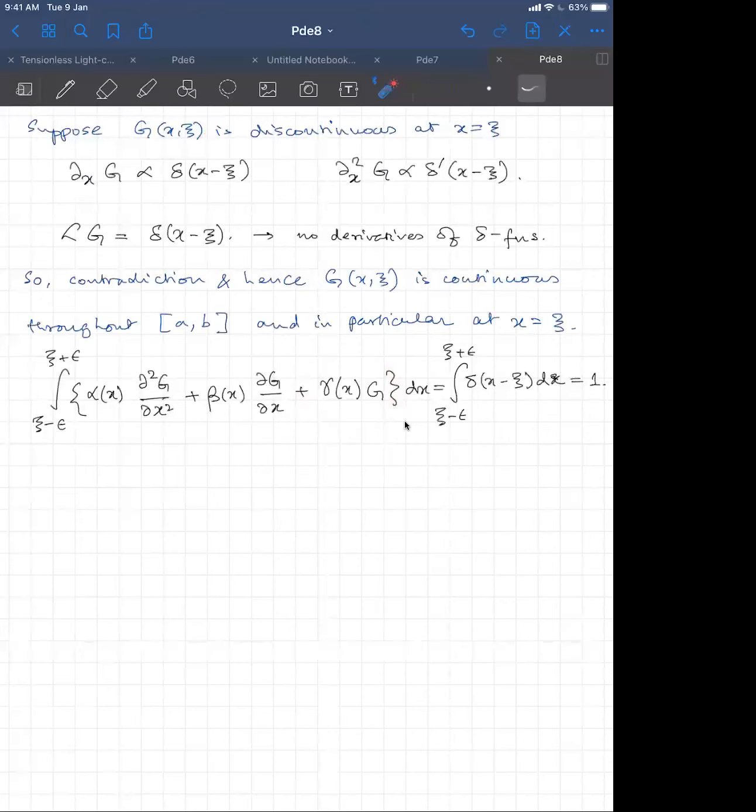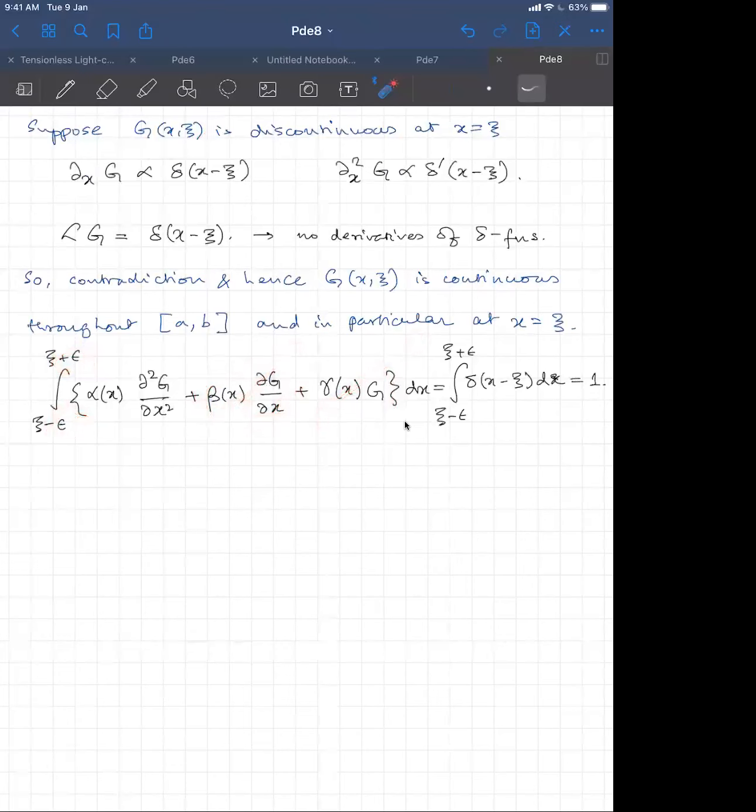Now let's look at the next term. G is continuous, and del g/del x is also bounded, right? So again, when you make epsilon arbitrarily small, this can't give you something non-zero. So this contribution goes away, and this also goes away.